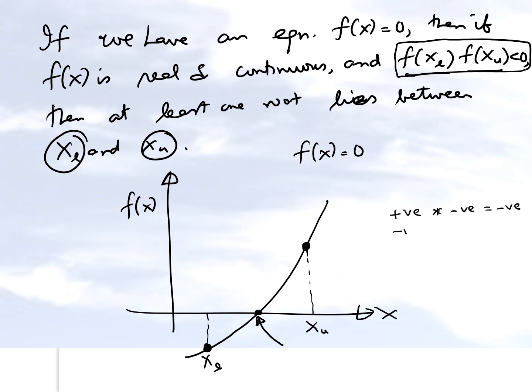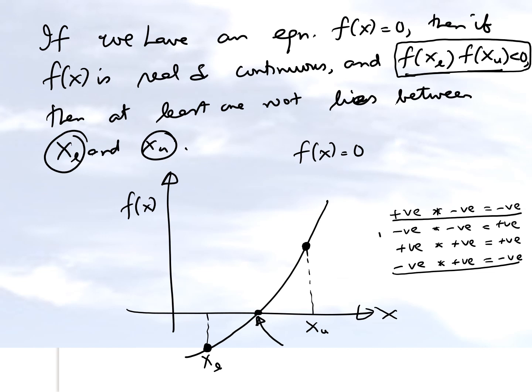If we have two negative numbers, then we get a positive number. If we have two positive numbers, we multiply one by another positive number, we'll get a positive number. And if we have a negative number and then a positive number, then we get a negative number for the product. So you can very well see that the function in these two cases is changing sign, but in this case, the function sign is not changing.